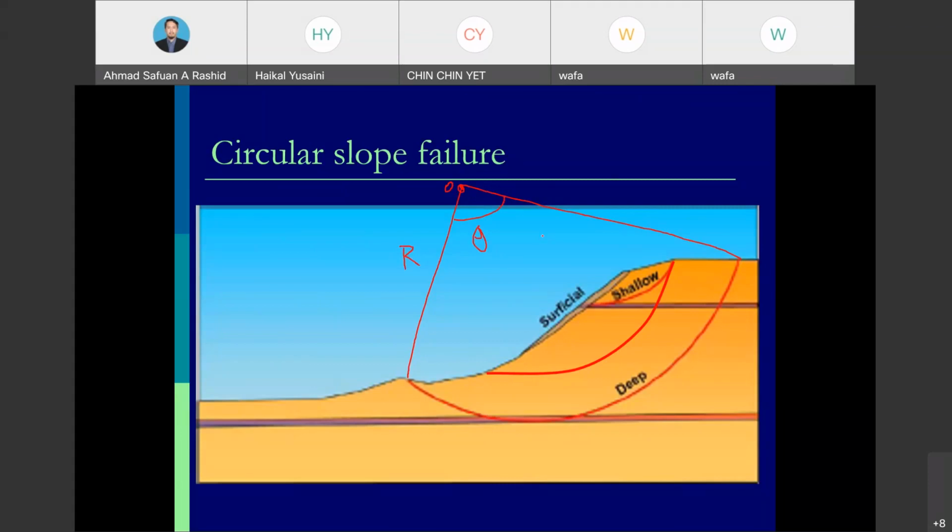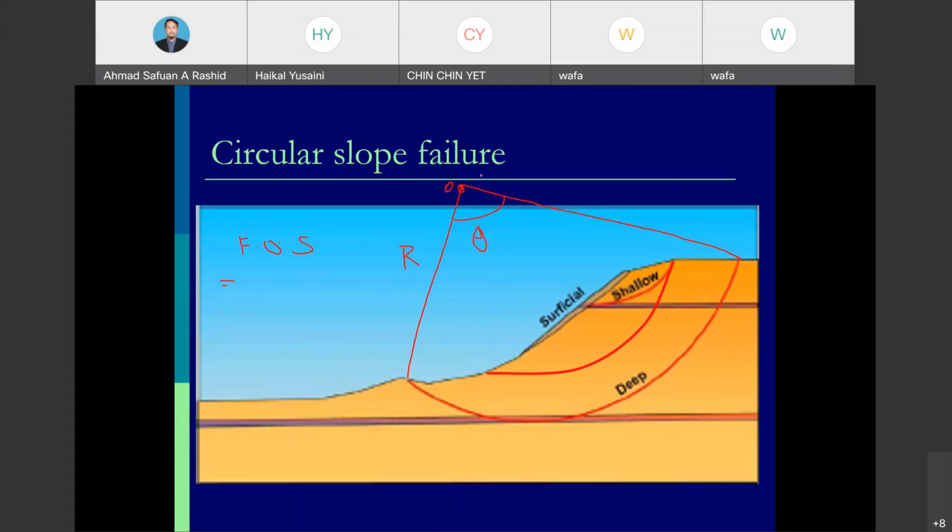After we determine the center point, we may carry out the factor of safety analysis. From there, we determine the value of the factor of safety. However, as usual, we need to determine the minimum factor of safety value.